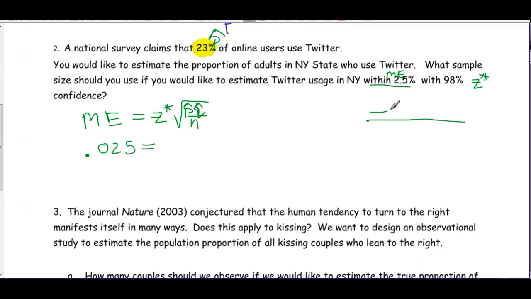So think about the fact that if we shade in 98% here, I'd be left with 0.01 on each side. So I'm going to go to my calculator and I'm going to do inverse norm of 0.01.